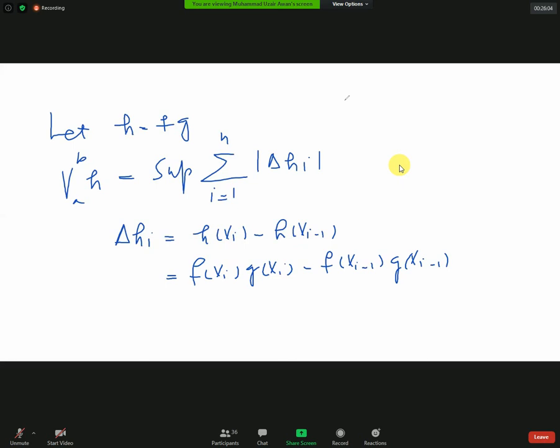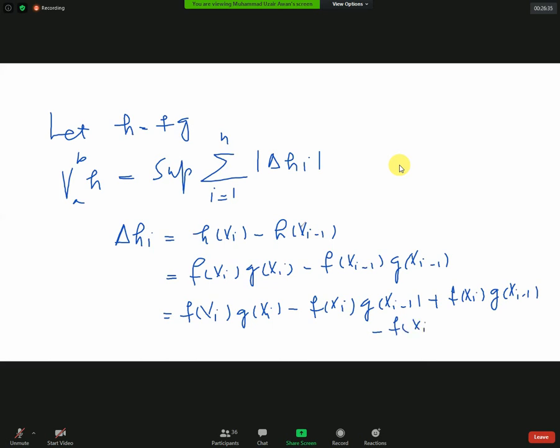So add and subtract करें term f of xi g of xi minus 1. हमारे पास होगा f of xi g of xi minus f of xi g of xi minus 1 plus f of xi g of xi minus 1 minus f of xi minus 1 g of xi minus 1. ये दो टर्म हमने ऐड एंड सब्ट्रैक्ट कर. ठीक हो गया?